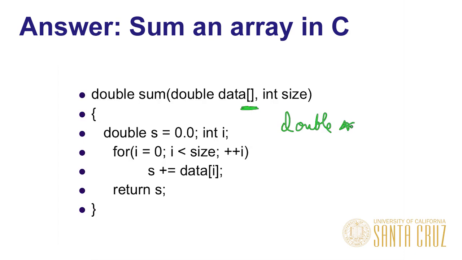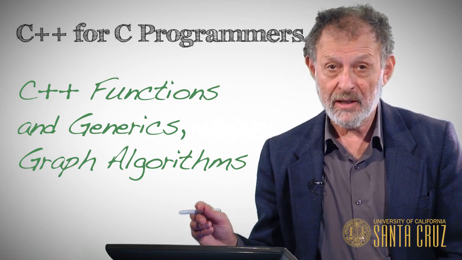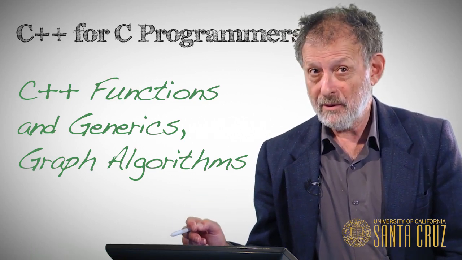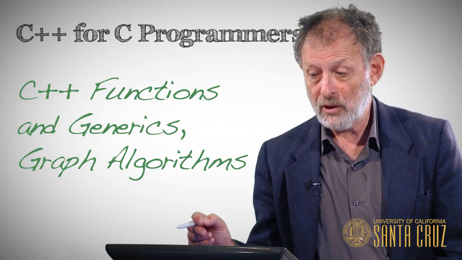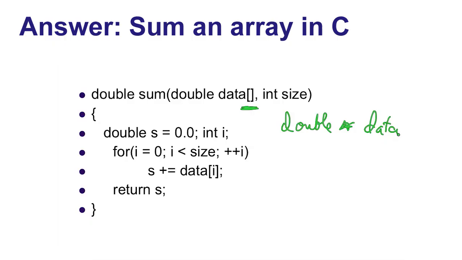So this also would have worked, either one, because basically in the C community, arrays are just base pointers. Now we have an initialization of the summing variable.